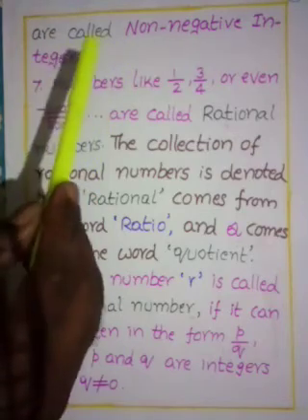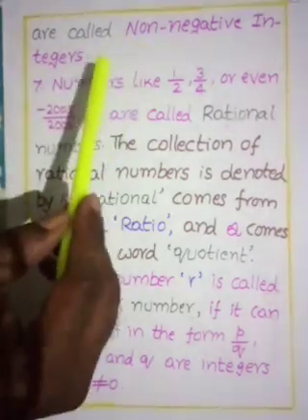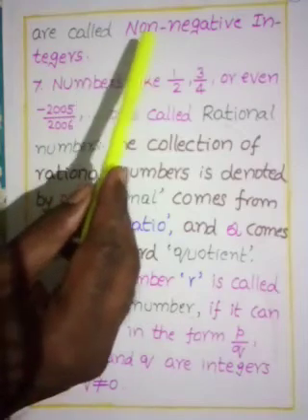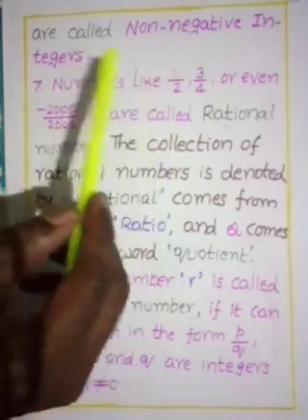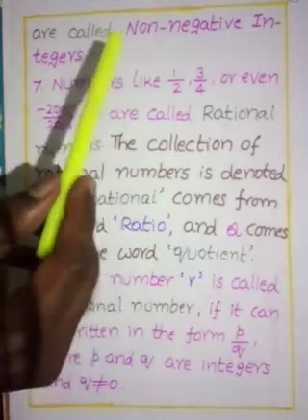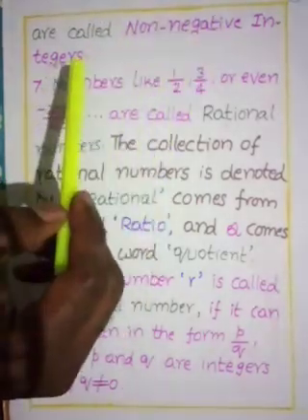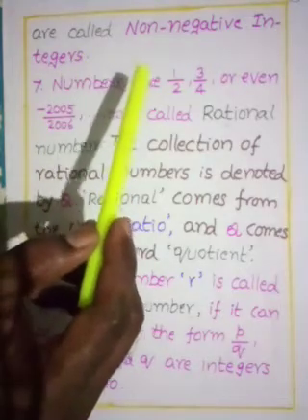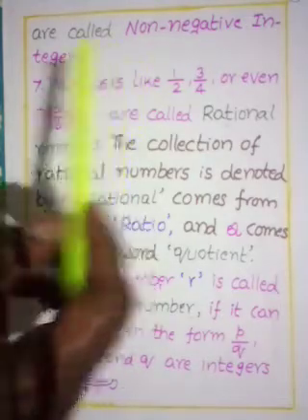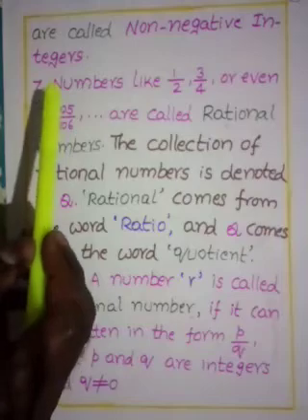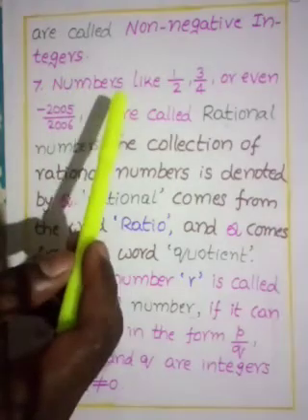These are also nothing but whole numbers. Whole numbers and non-negative integers denote the same. In higher classes, we use this word only, non-negative integers, not whole numbers. Understood, my dear children? Right. Now come to the next number system.